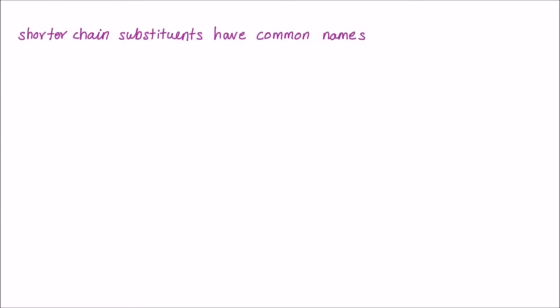And let's go further and name the shorter chain substituents. Right, so the shorter chain substituents have some common names that you need to memorize. The common names are very popular, and the IUPAC accepted to use the common names.